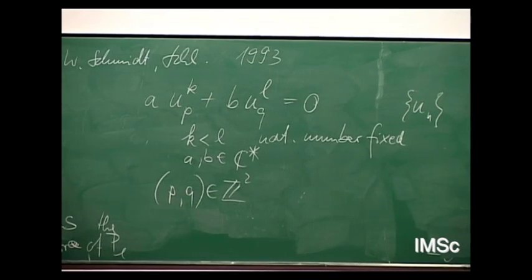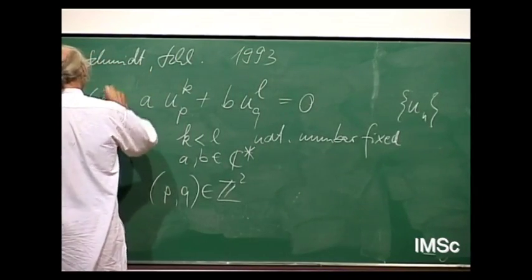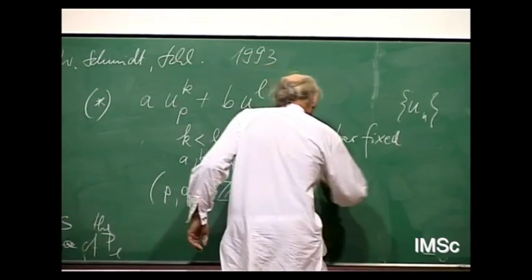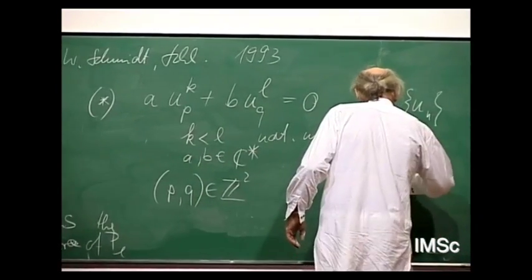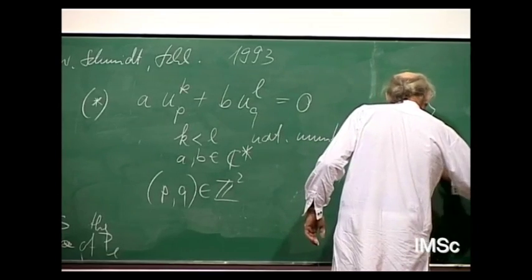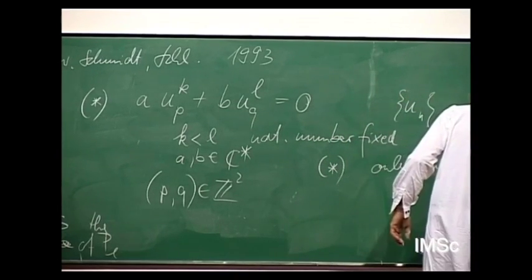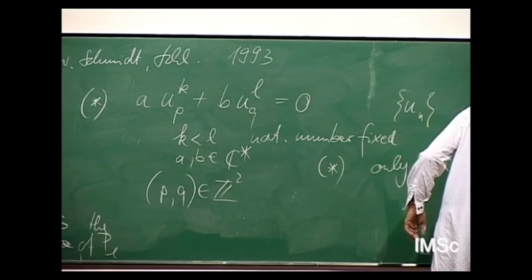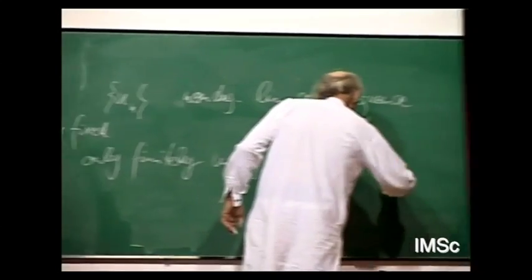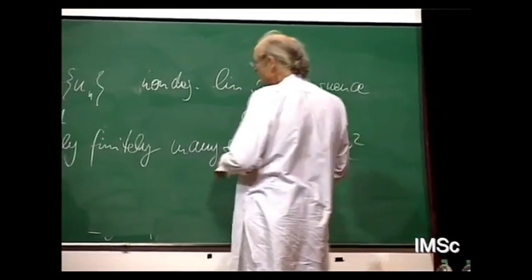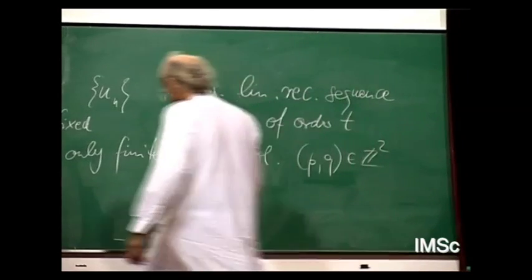So our result has been that this equation, call it star, has, under these assumptions, only finitely many solutions P, Q in Z^2, if the sequence u is not exceptional.